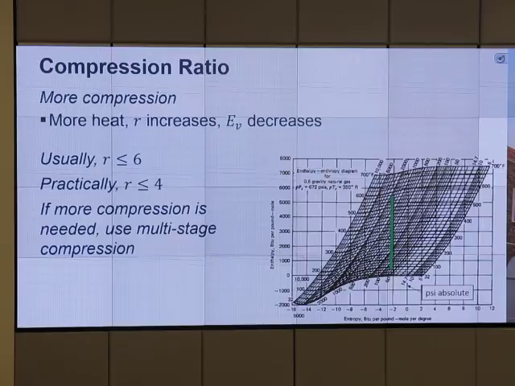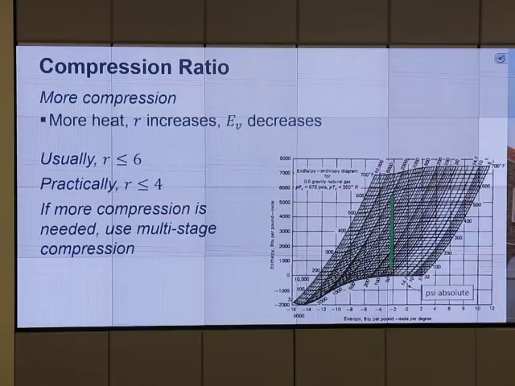But if we have too much compression ratio, if we try to go from like 65 psi to 1,000, 2,000, 3,000, we cannot really do that in a single stage because the amount of heat that will come out is a lot. Because we have to put a lot of work into the system, right? And the heat will go up a lot. So we cannot do that in just one stage.